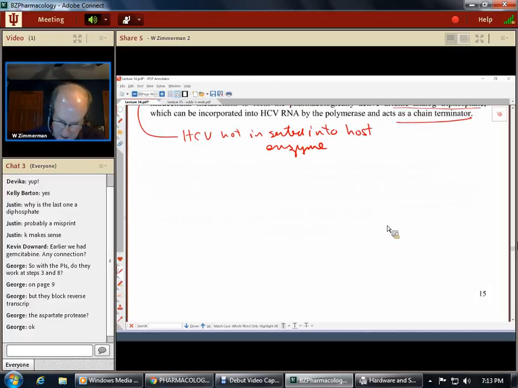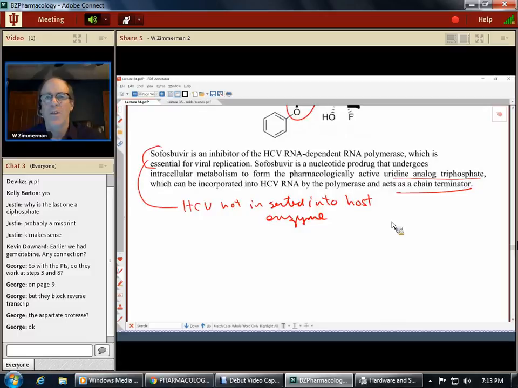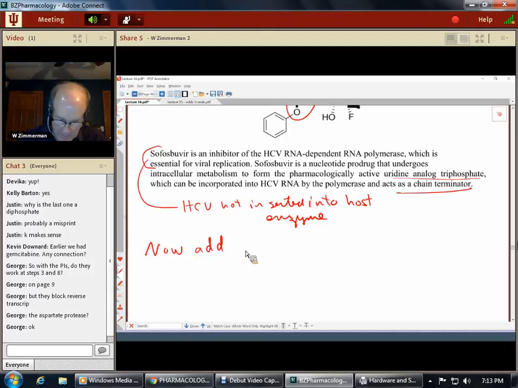So what they've added to it now, they've pretty much stopped the protease inhibitors, and we now add these strange compounds. We call them HCV NS5A inhibitors.